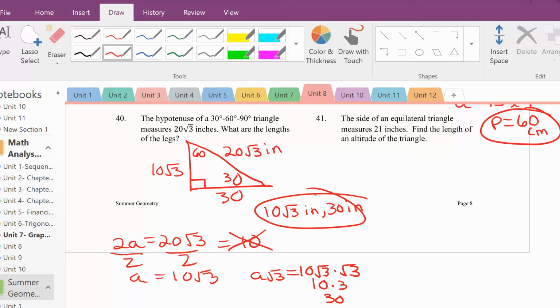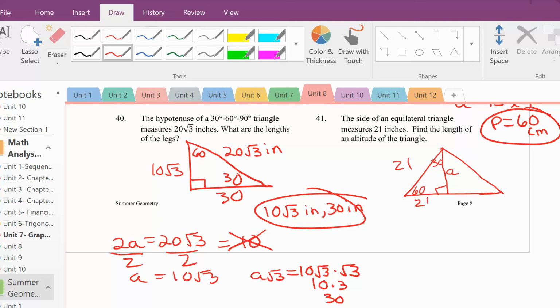All right, 41, the side of an equilateral triangle is 21 inches. Find the length of the altitude of the triangle. So you want to find A here. And remember, equilateral means equiangular. So that means it's a 30, 60, 90. 21 is the hypotenuse.